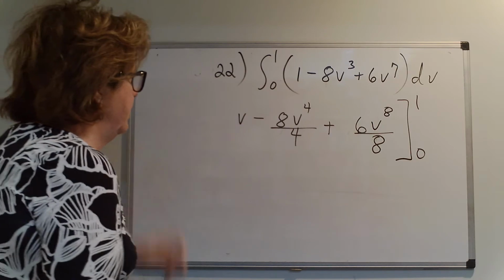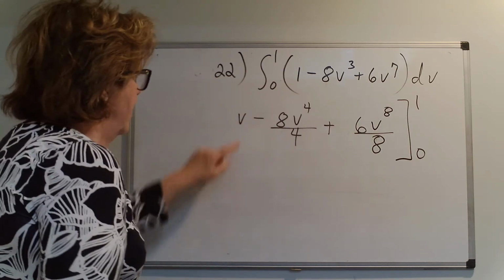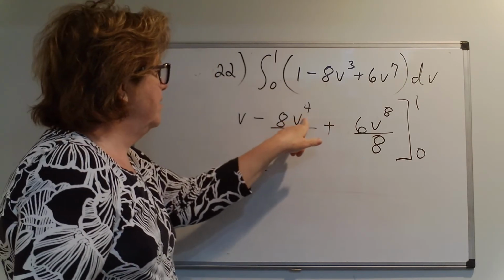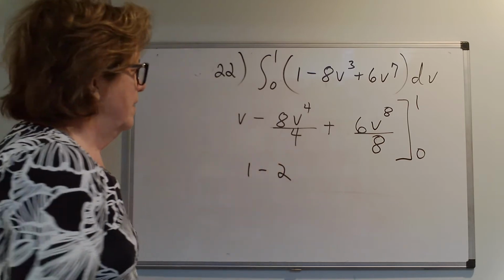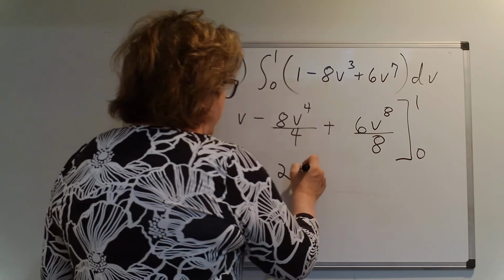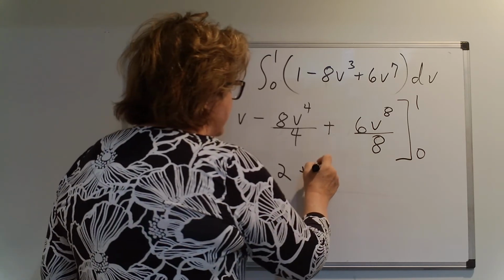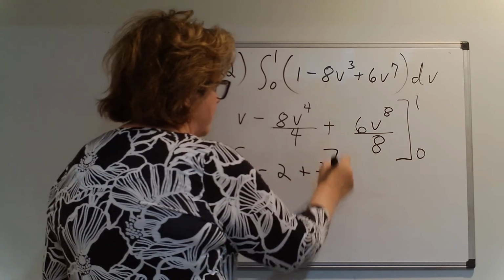Okay, I put in a 1 here, I get 1. Put in a 1 here, I get 8 over 4, which is just 2, right? Put in a 1 here, I get 16 over 8, which is 2. So that's, I put in a 1.